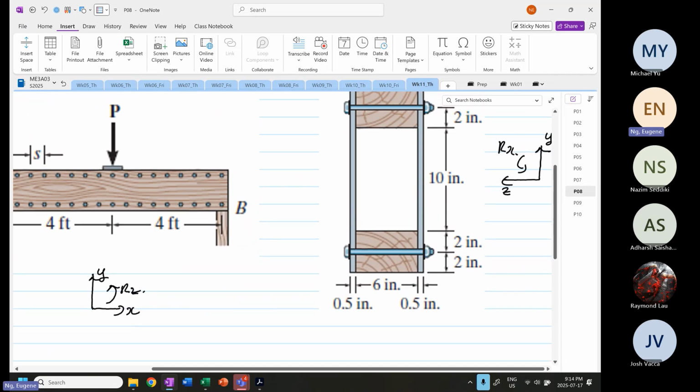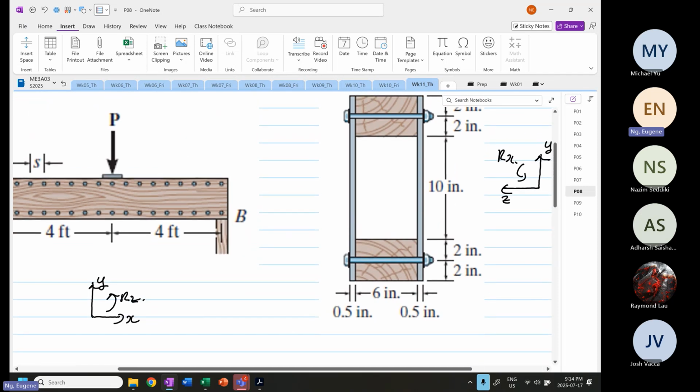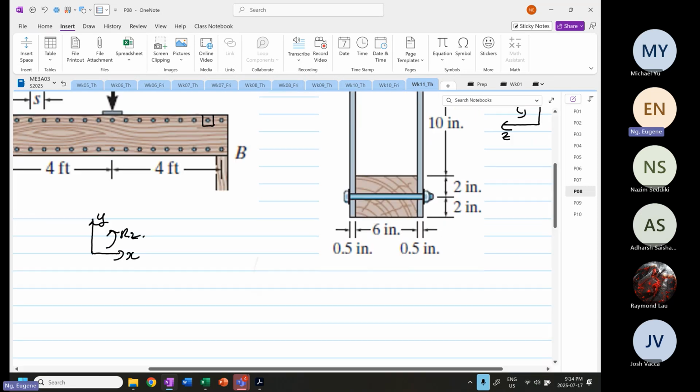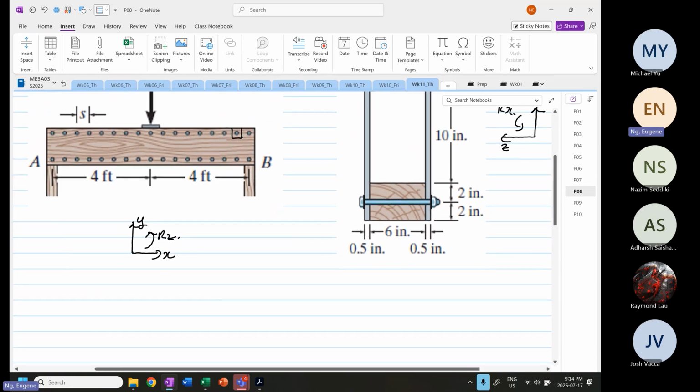If we were to put an element, we will put an element down here. This is where our element is. So when I draw that, this is our element.